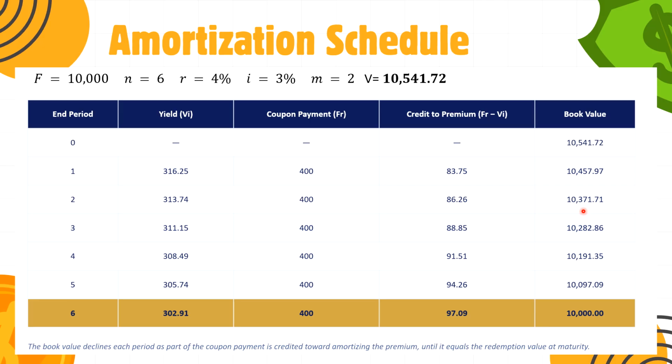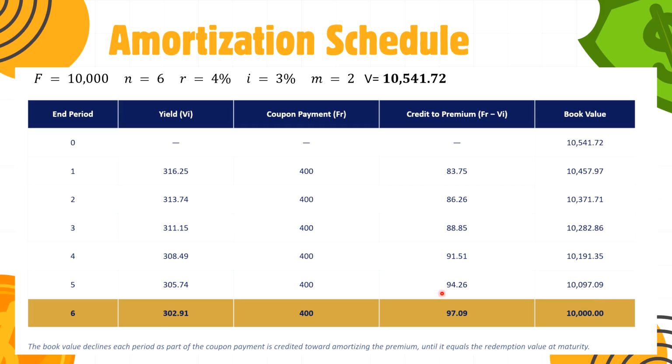10,371 pesos and 71 centavos, 10,282 pesos and 86 centavos. The fourth period, 10,191 pesos and 35 centavos, and 10,097 pesos and 9 centavos.